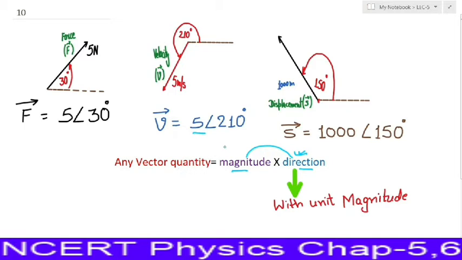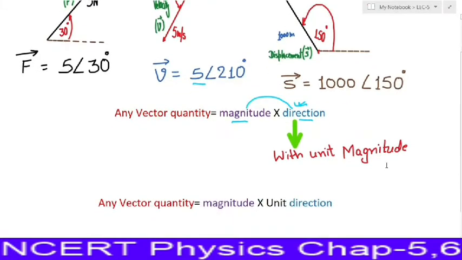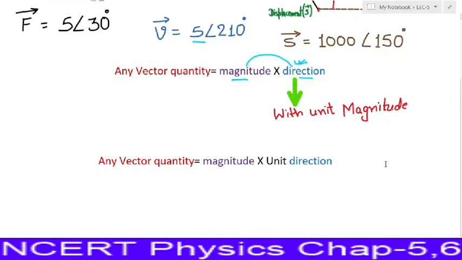So we will emphasize that this term should only provide direction and unit magnitude, unit means 1. If this term provides magnitude 1, then on multiplication the overall magnitude will not change. That's why this term is also known as the unit direction term. So we can say we will write a vector quantity as the magnitude multiplied by the unit direction term.